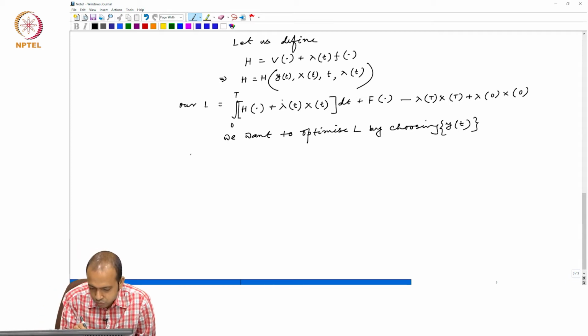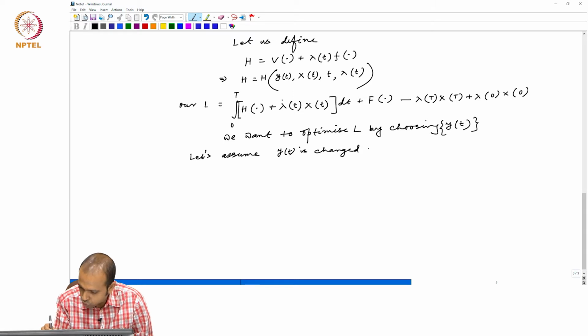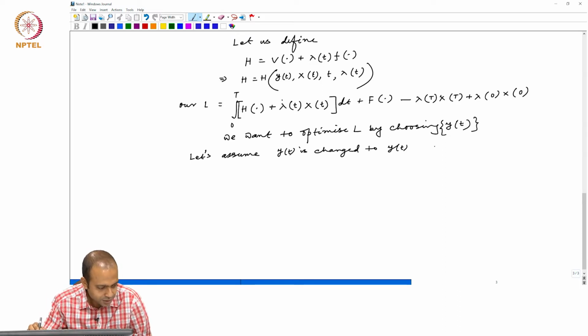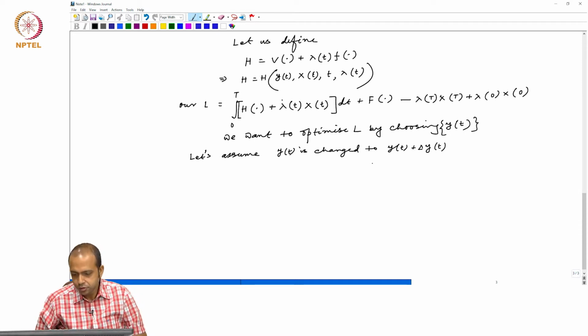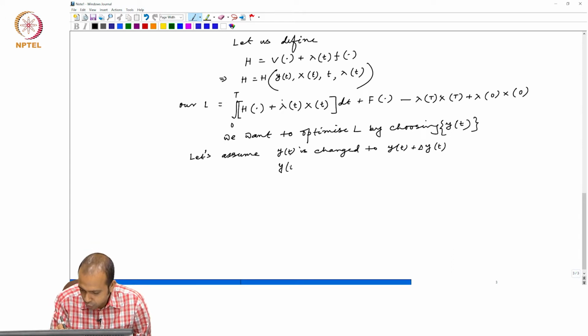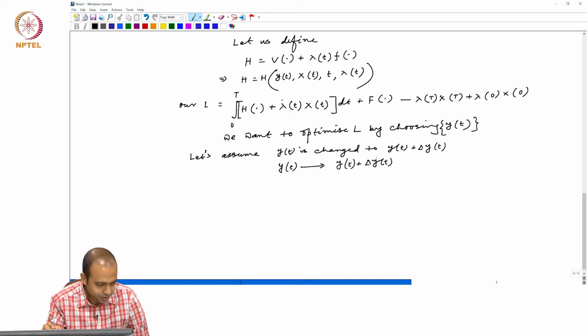So, let us assume y t is changed to y t plus, let us say, delta y t. So, we can write precisely y t is now changed to y t plus delta y t.